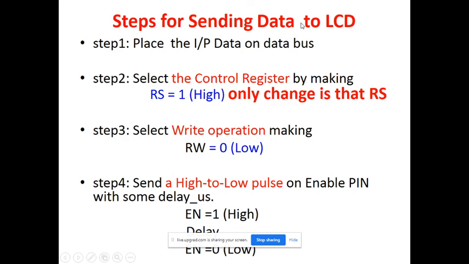Then this is data, and that's why the value of RS is equal to 1. Regarding read and write, which action are you performing? The writing action, and that's why RW is equal to 0. Regarding the enable pin, it must generate a negative going edge, and that's why enable is 1 first, then delay, and then low. In this fashion you are generating a high to low pulse, that is a negative going edge. According to that we write the data subroutine.